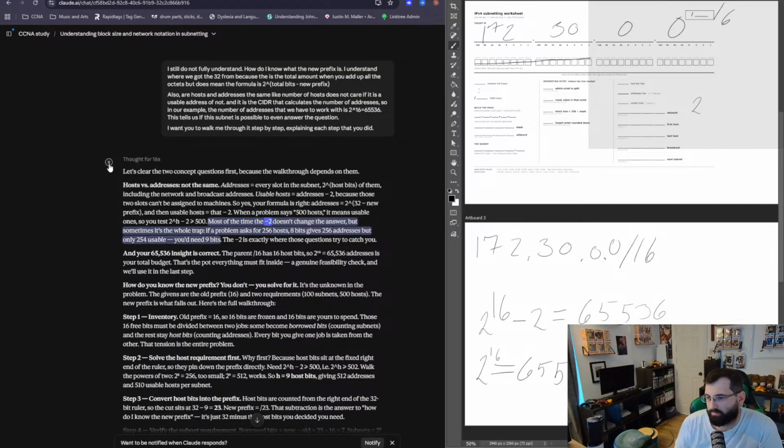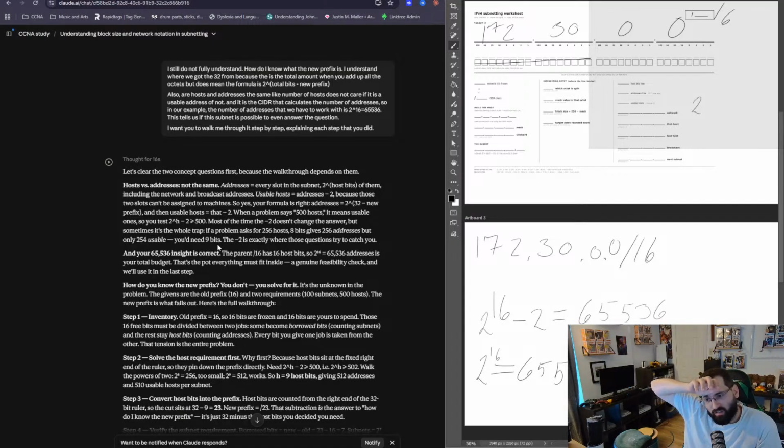Most of the time, the minus 2 doesn't change the answer, but sometimes it's the whole trap. If a problem asks for 256 hosts, 8 bits gives 256 addresses, but only 254 are usable, you'd need 9 bits.